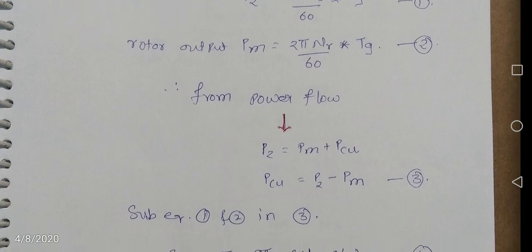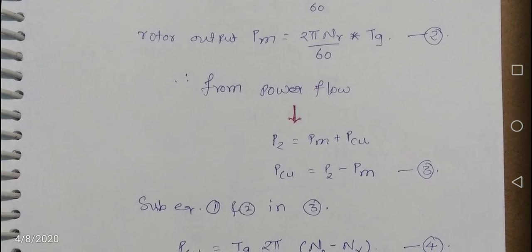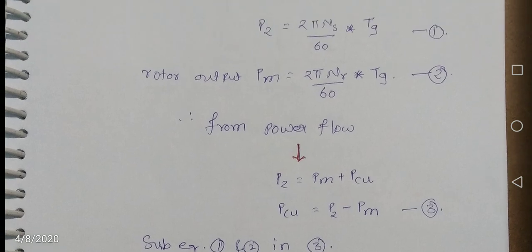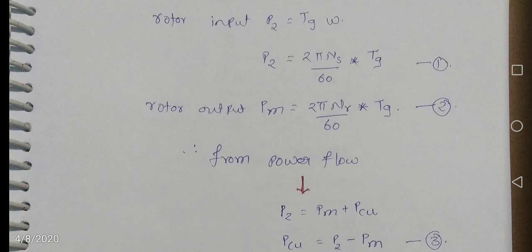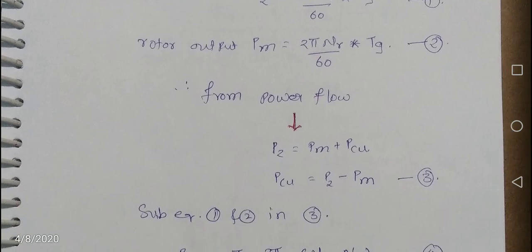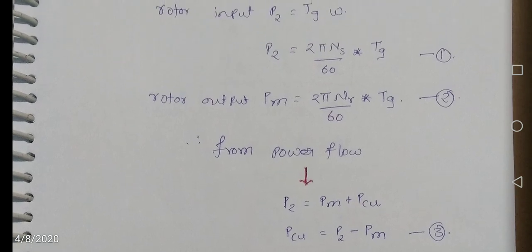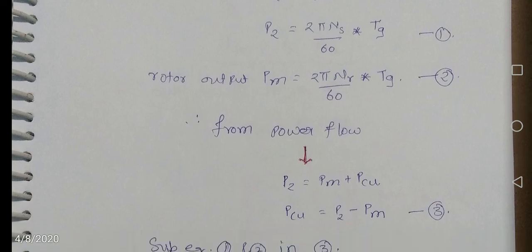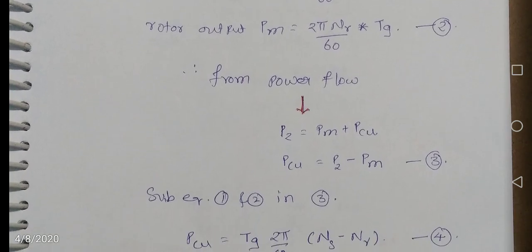This is equation 3, but substitute equations 1 and 2 into equation 3. In equation 1 there is P2 equal to 2 pi ns by 60 into Tz, and in equation 2, PM equal to 2 pi nr by 60 into Tz. So substitute equations 1 and 2 into equation 3.